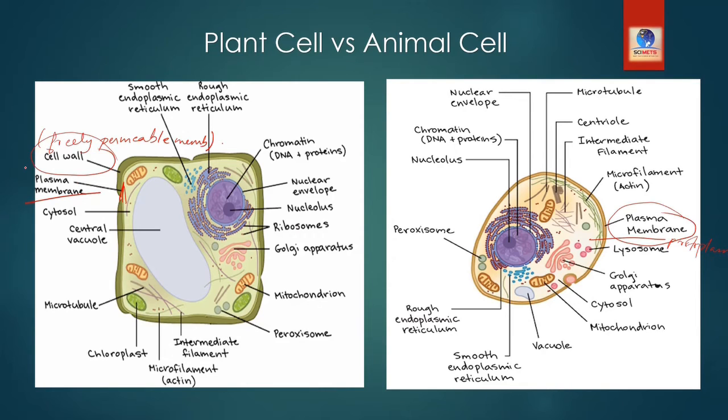It allows only certain materials to enter or exit the cell. The general fluid mass of the portion of protoplasm found between the plasma membrane and the nuclear envelope is known as the cytoplasm or the cytosol. See, it is present in both.